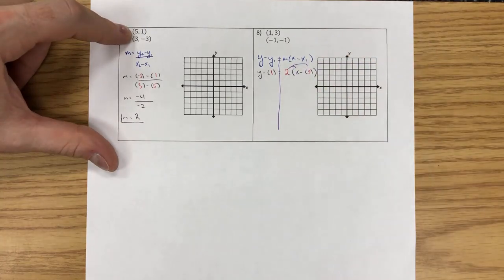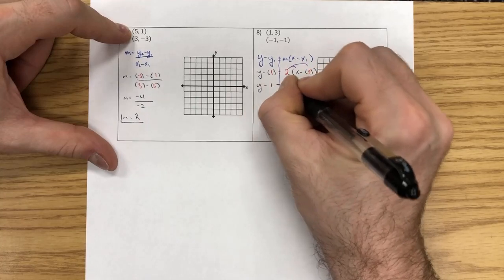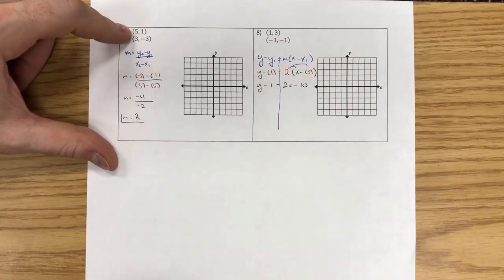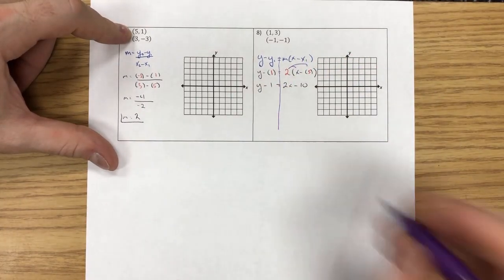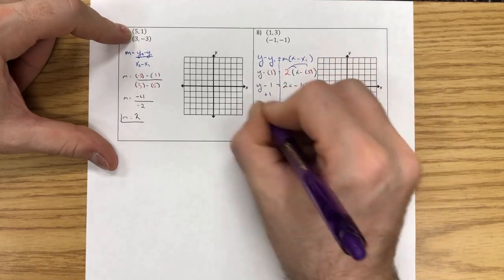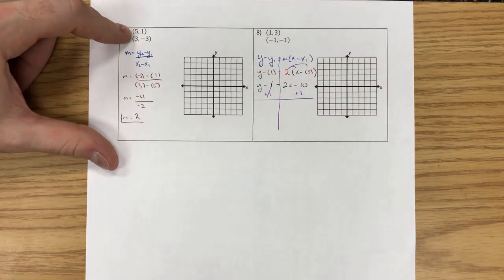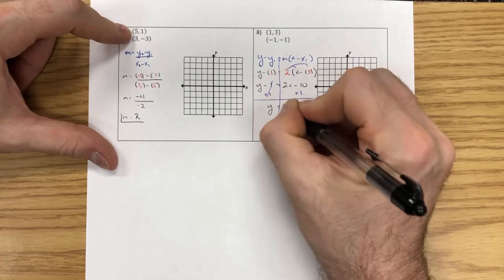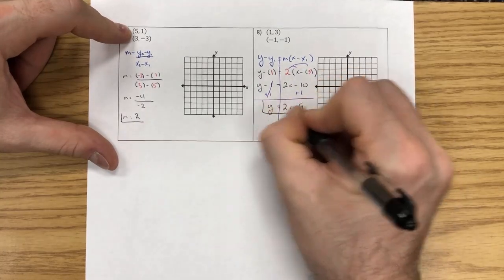Go ahead and distribute my 2. So I get a y minus 1 is equal to 2x minus 10. And then I'm going to go ahead and add my 1, which is going to cancel that out over there. And I'll get y is equal to 2x minus 9.